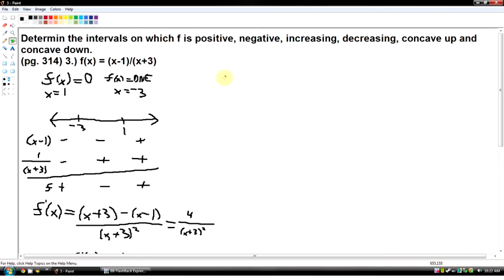So now all we have to do is find where it's concave up and concave down by using our second derivative.